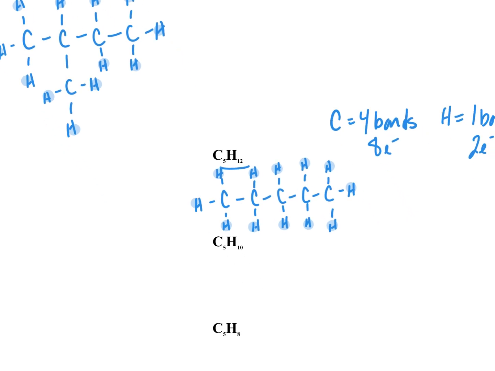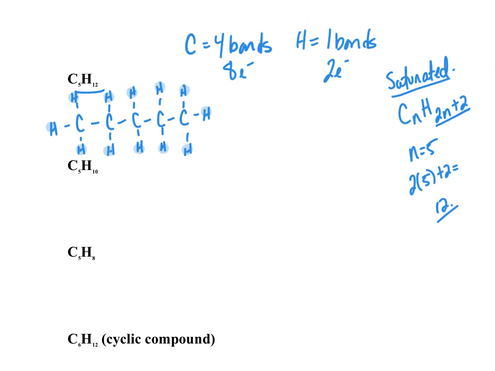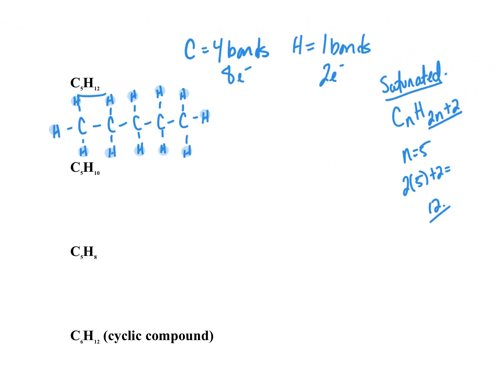Okay. Now, what happens over here, though, when we go to C5H10, well, you removed 2 hydrogen from the saturated. It does not hit this formula. It is not the same as the formula CnH2n plus 2. It's just CnH2n.